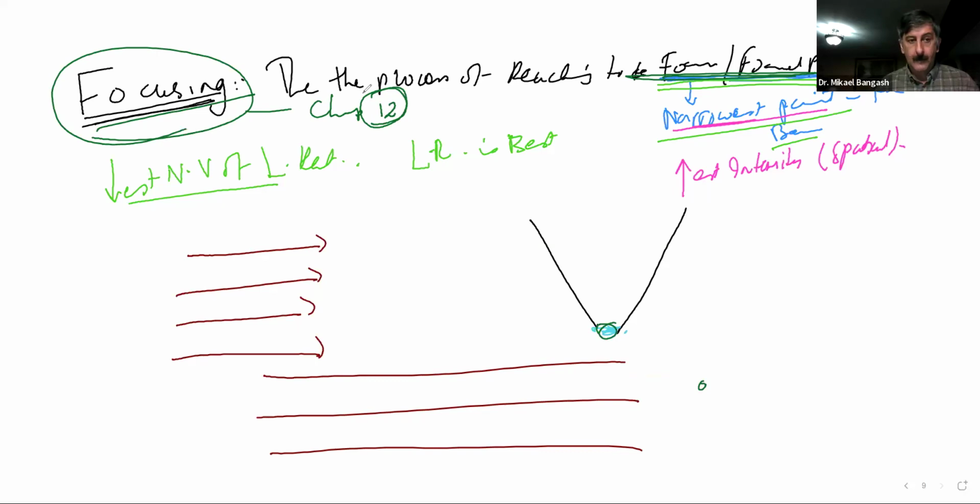Now, as far as focusing is concerned, I know that your books talk about 3 methods, but we're going to do it this way, and we can say focusing is mainly of 2 major methods. Let's say 2 types.